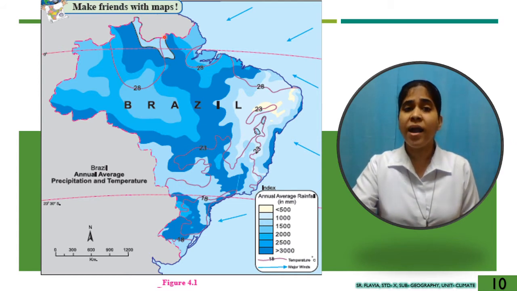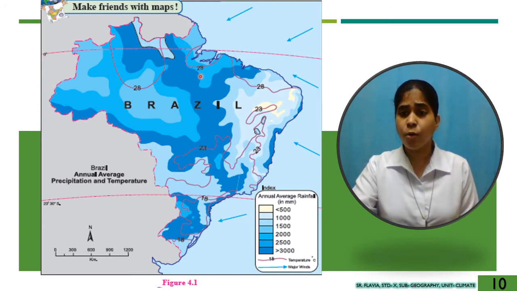But when you go higher over here, when the northeast winds arrive, this area in the Amazon Basin will get good rainfall. Here also you will find the Amazon forest, which is known as the evergreen forest because of the good rainfall.